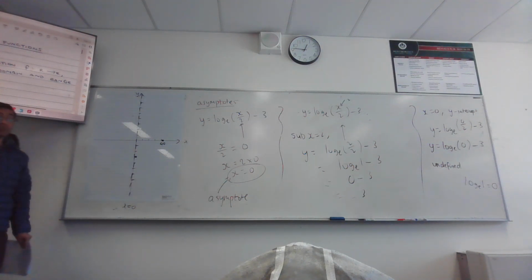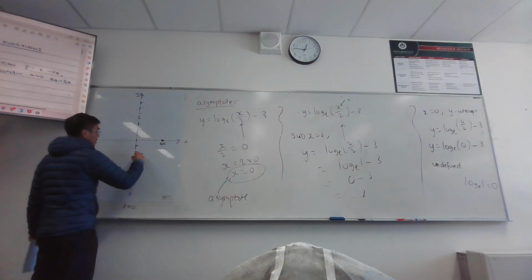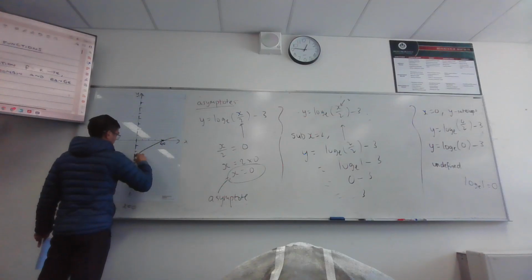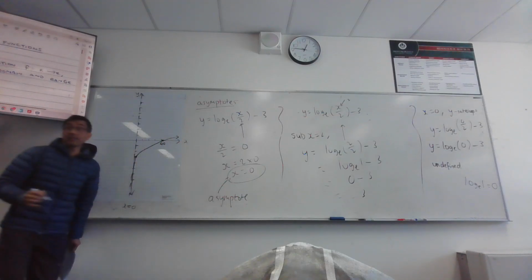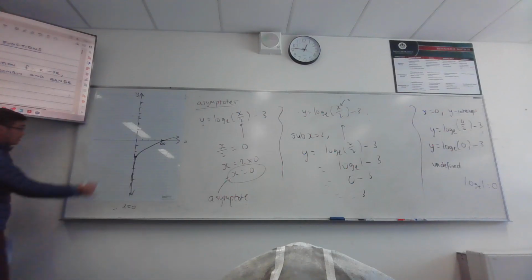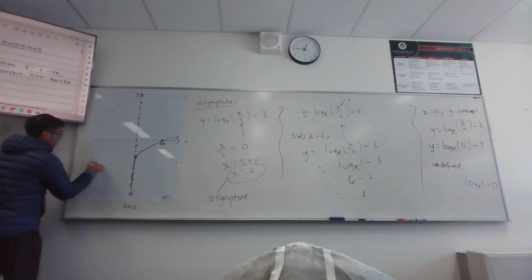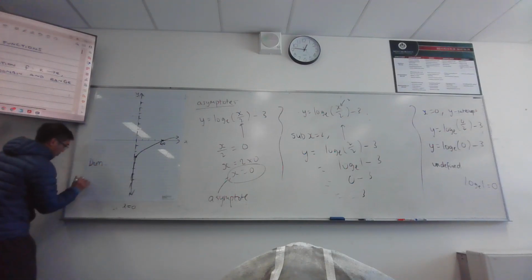Logs, like exponentials, are curving, and it's got to be as best as you can. Something like that. My domain and my range is the last thing we have to do.